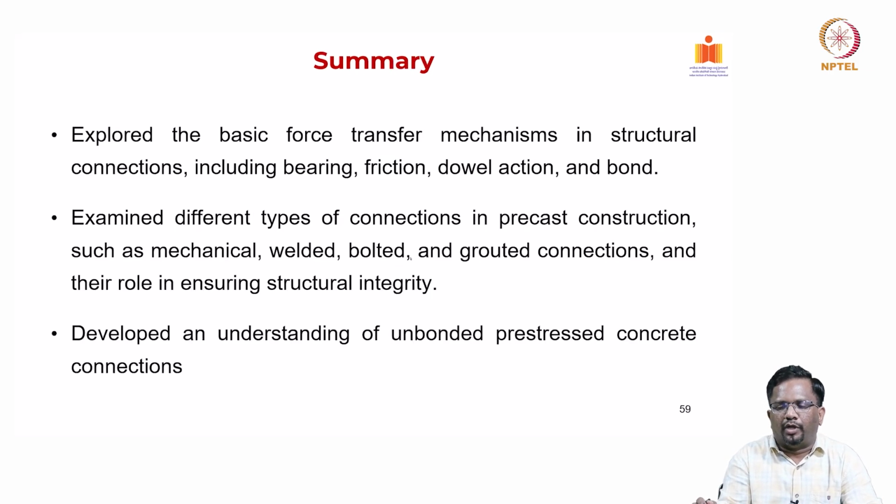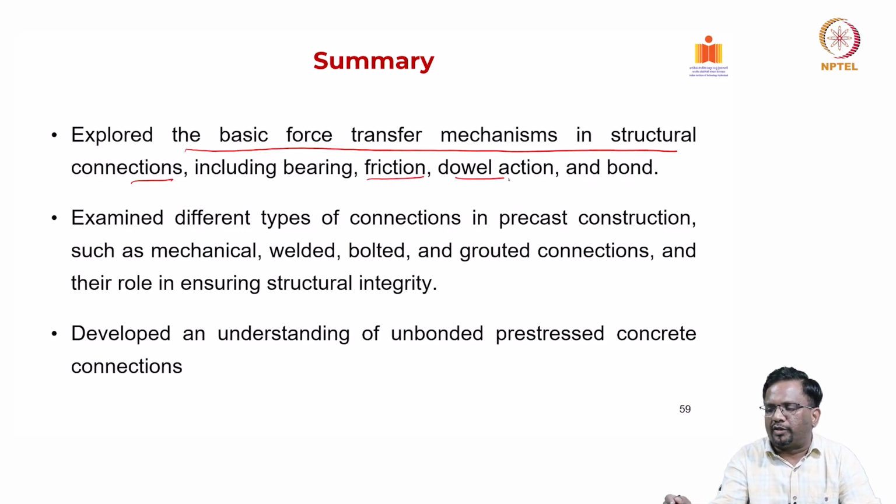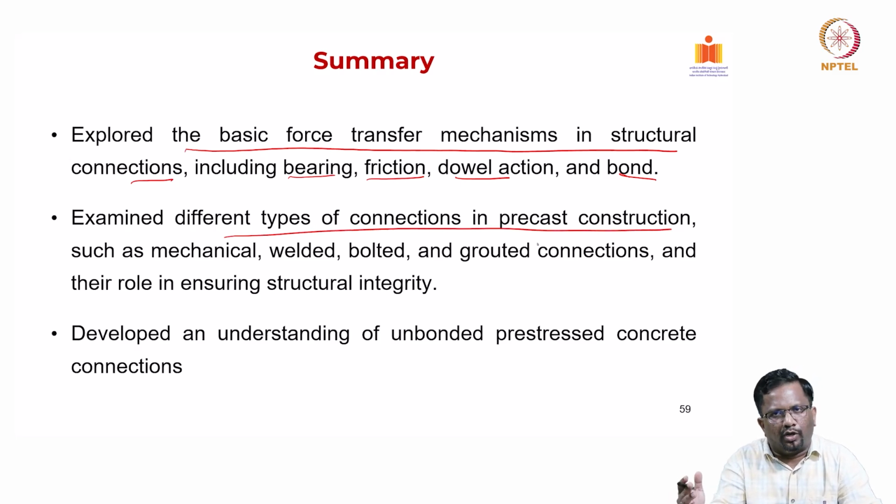So with this, let's summarize what we have discussed. In this lecture, we explored the basic force transfer mechanisms in structural connections. We talked about bearing and shear friction, dowel action and bond, and how they help in transferring forces. We also examined different types of connections in precast construction: column to column, slab to column, beam to column, and wall to wall.